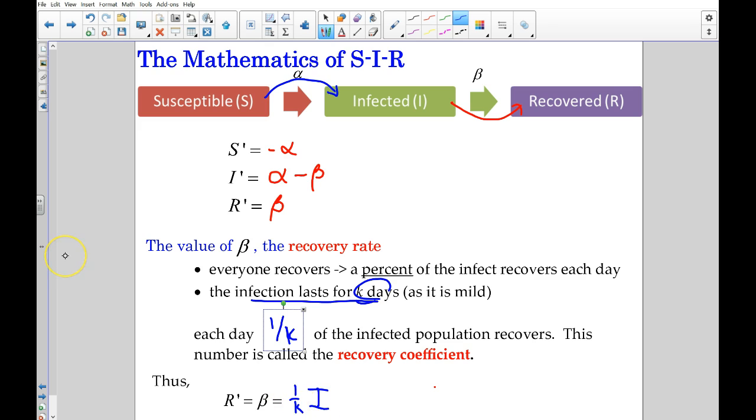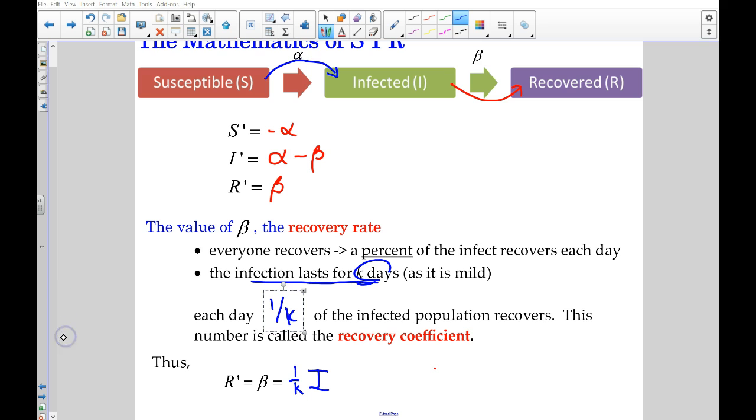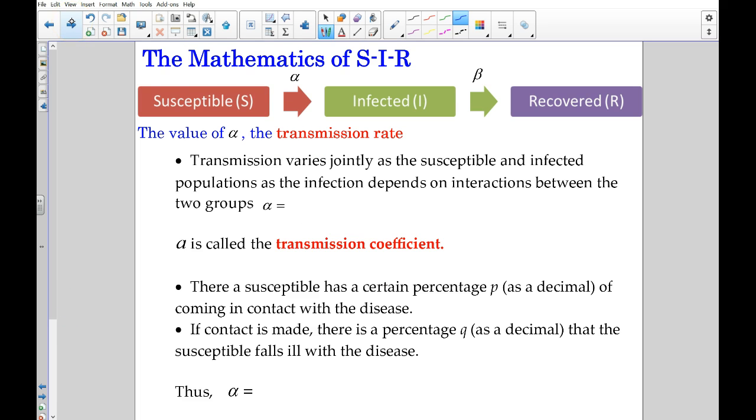So beta is rather easy to compute. If we know the infection lasts for K days, the recovery coefficient is 1 over K, and then we multiply that by the number of people in the infected compartment to get the recovery rate of beta.